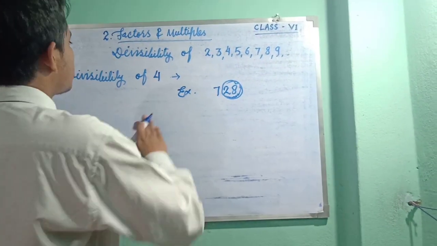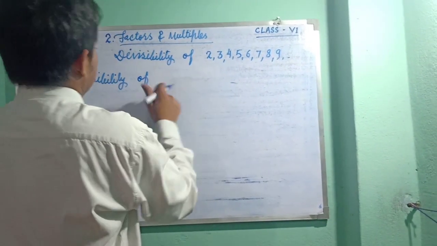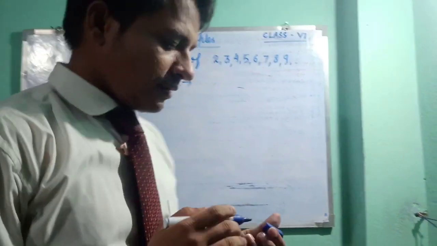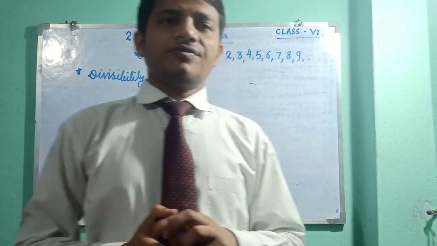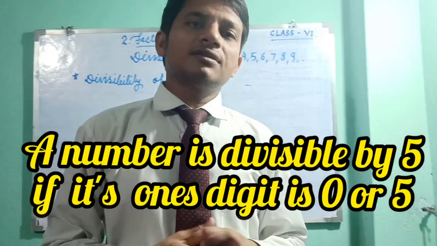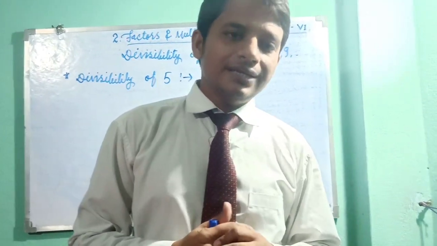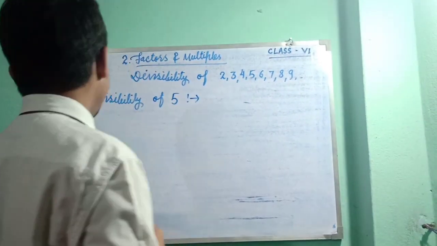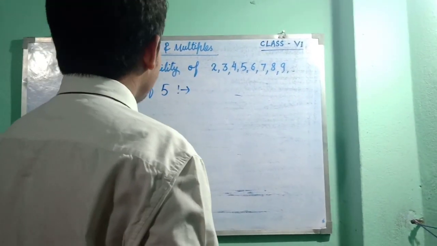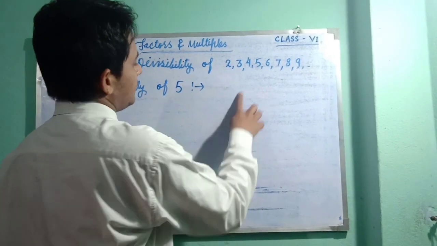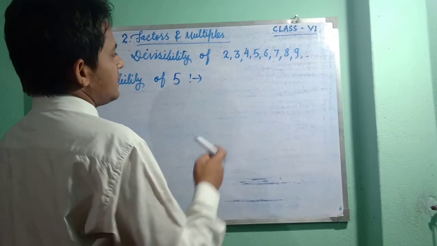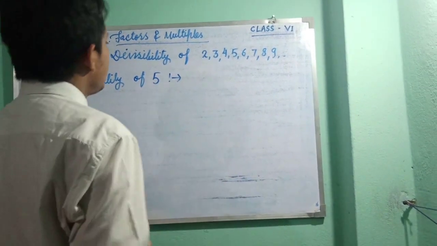That means this number 728 is divisible by 4. Okay. Now next, divisibility by 5. A number is divisible by 5 if its ones place digit is 0 or 5. I repeat, a number is said to be divisible by 5 if its ones place digit is 0 or 5.